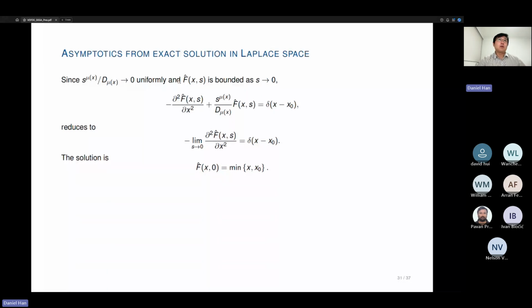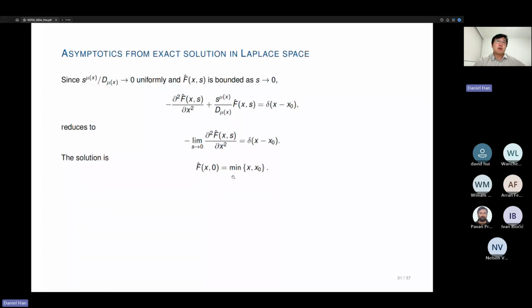And also since I can show that this function f of x and s, which is the first term multiplied by a probability density, is bounded because of the property of it being a probability density, then what I can say is that this differential equation reduces, in the limit as s goes to 0, to a much simpler equation I can solve.